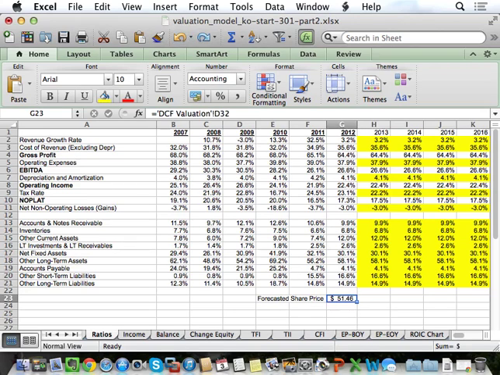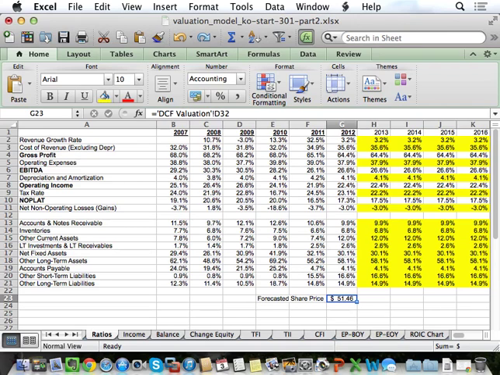So what we're doing is we're kind of backing into the current share price of a company, and we're trying to understand what are the assumptions that got us there. It's not whether we agree with those assumptions. It's we're trying to understand the kind of wisdom of the market. What assumptions on a cash flow basis must the market have made in order to justify the current share price? Right? So that's going to be the first valuation that we're going to do and that you're going to do as part of your group projects.